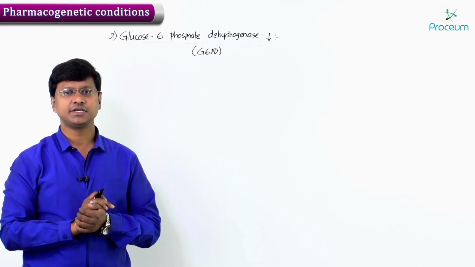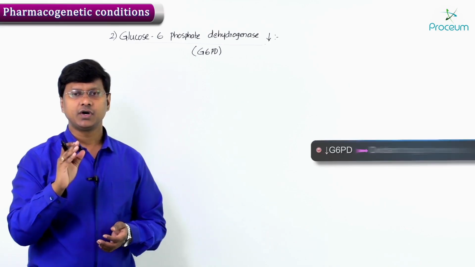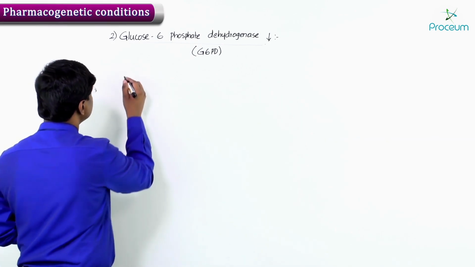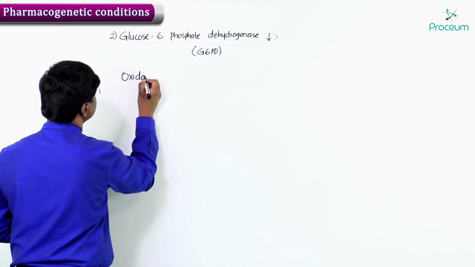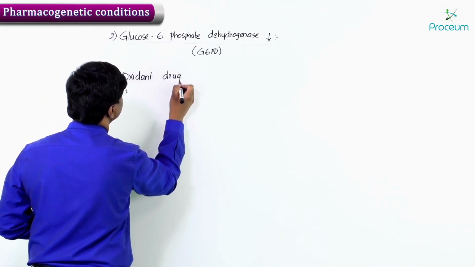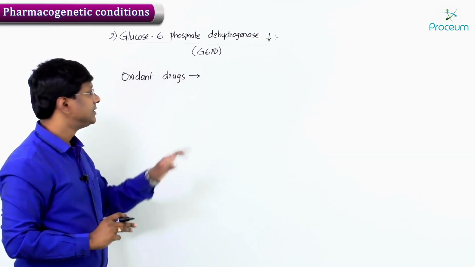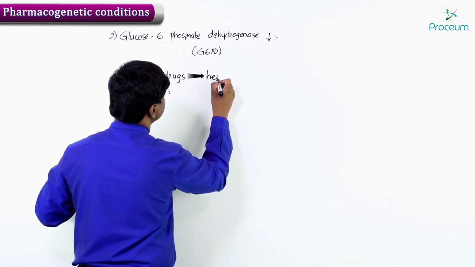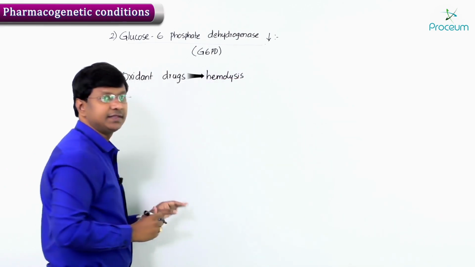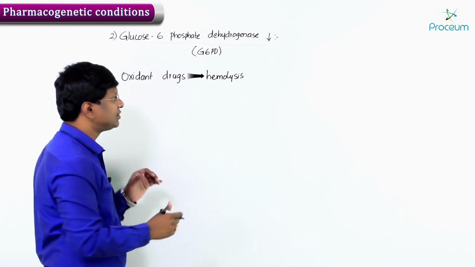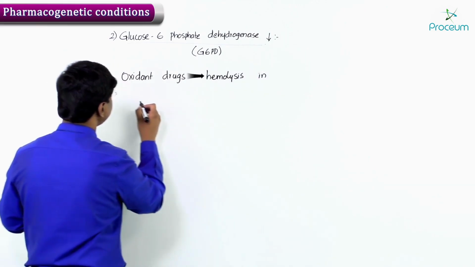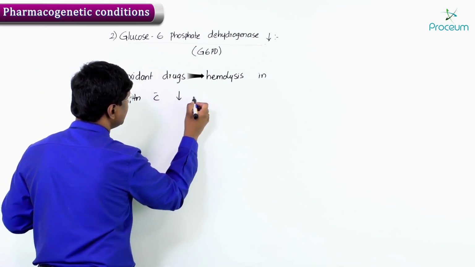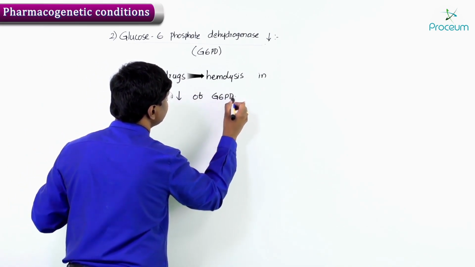We have a group of drugs which are called the oxidant drugs. The oxidant drugs may produce hemolysis in patients with deficiency of this enzyme, glucose 6-phosphate dehydrogenase.